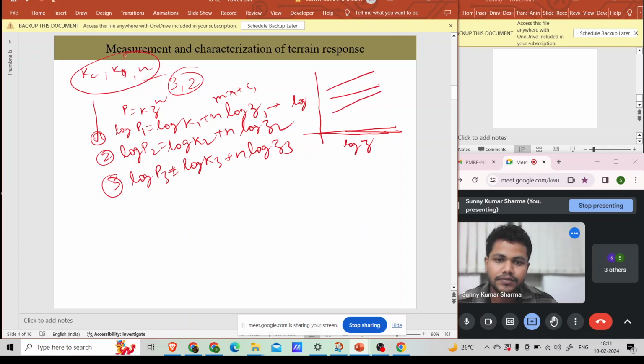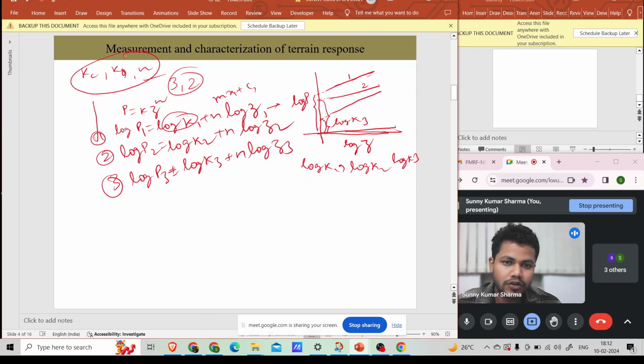If we extend these lines up to the axis, we find the intercept. This is nothing but log k1 for the first plate. For the second plate, this intercept is log k2. And for the third plate, this is log k3. Hence we have obtained log k1, log k2, and log k3.